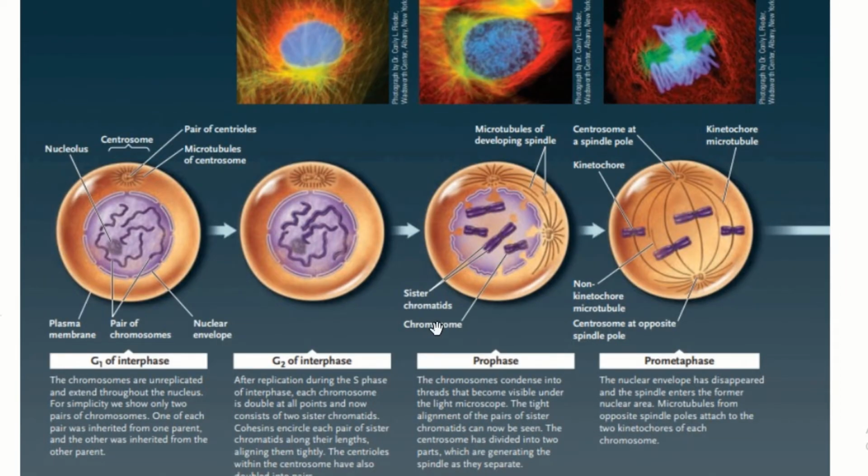These are the different phases of mitosis. You can remember this by the mnemonic IPMAT. I stands for interphase, P is for prophase, M for metaphase, then anaphase and finally telophase. So IPMAT for mitosis.